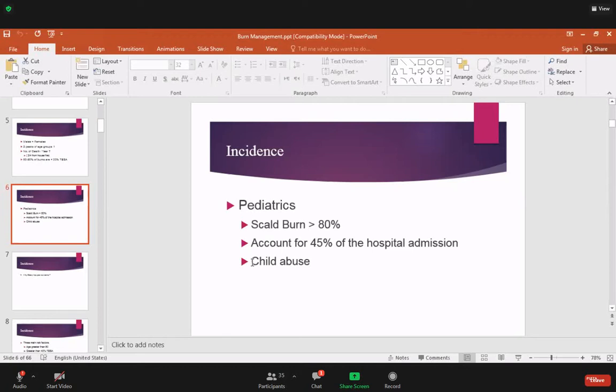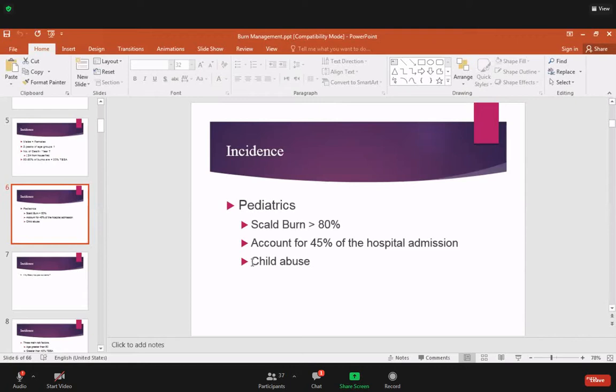Like if a child is held in someone's arms and they try to immerse him in the hot liquid, what will happen? Some part of his foot will become burned, some part of his shin will become burned. He will try to protect himself, so some part of his heel will be spared. So when the child tries to protect himself, he will have skip lesions and burns.